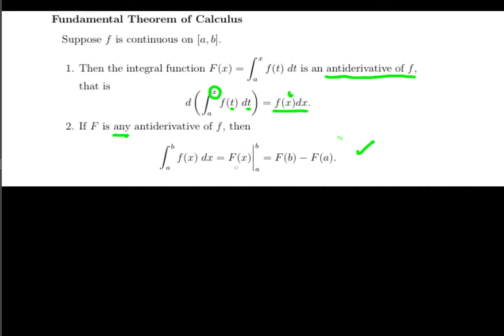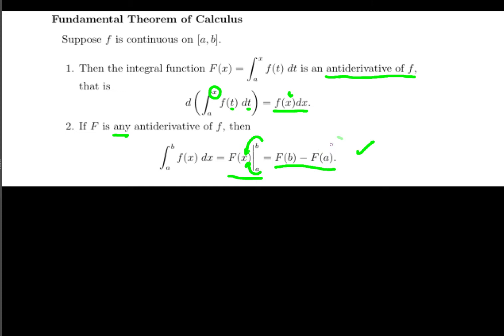This is notation I will use throughout: if I have F of x with a bar and then a, b next to it, I'm saying put b into the function and then put a into the function and compute their difference. And so the second part of the fundamental theorem of calculus says, look, if I've got any antiderivative F, then the integral is simply equal to the difference of F of b minus F of a.